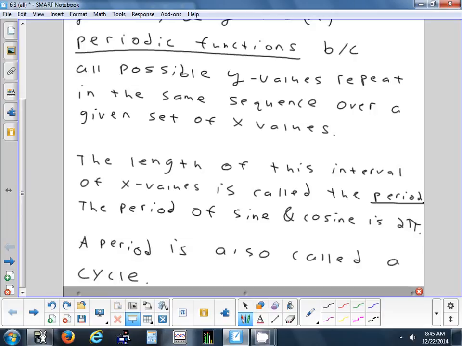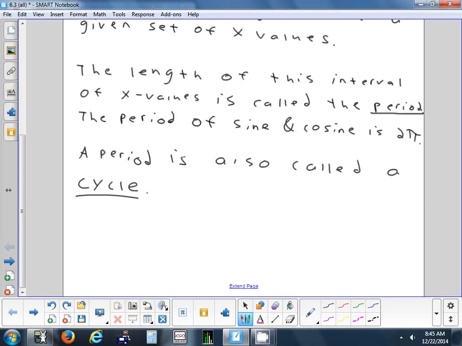Alternating current in the United States runs at 60 hertz. What that means is it's 60 cycles per second. It's the number of times the current alternates per second. So if you could graph it, it would go up and down 60 times, go through 60 of those per second.